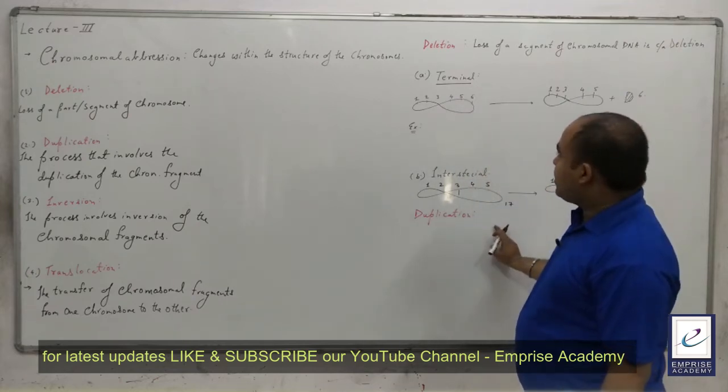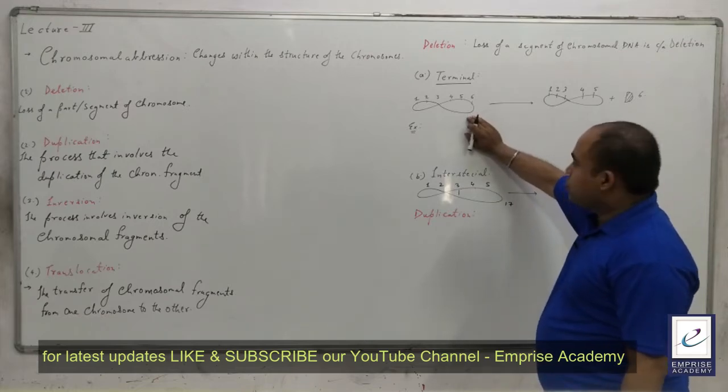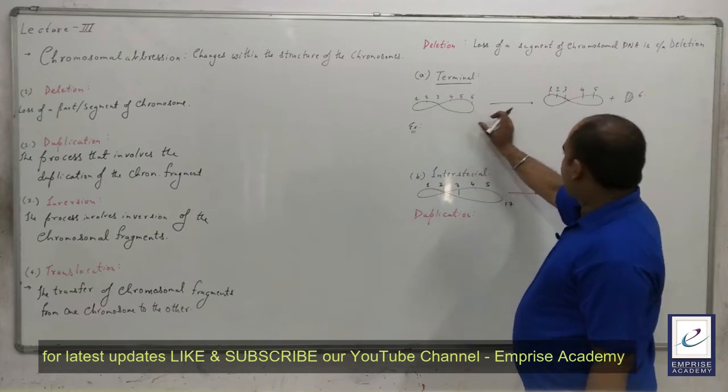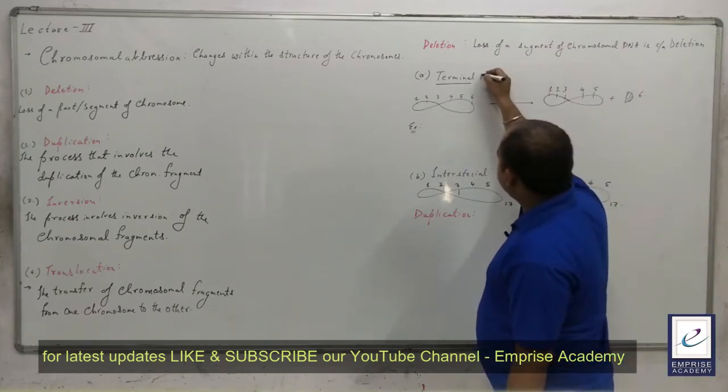In the case of terminal deletion, what is going to happen? From the terminus, the genes are going to be deleted. For example, there are 6 genes present over a chromosome. If one gene is being deleted, then it is called terminal deletion.